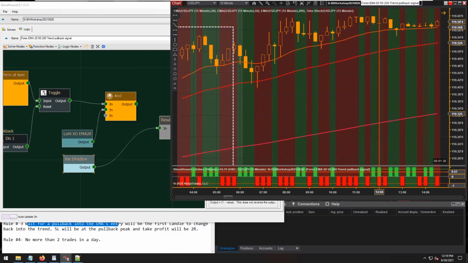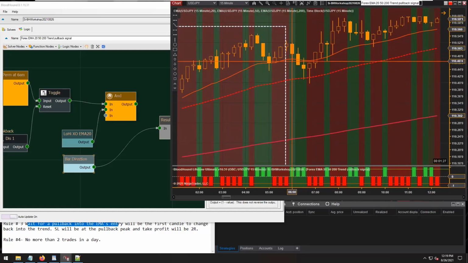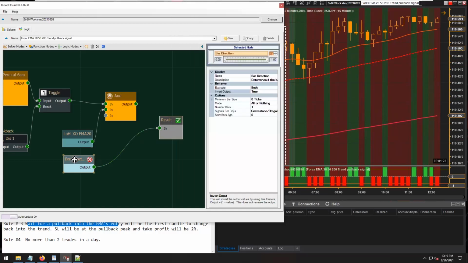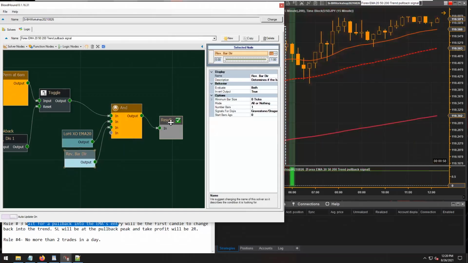So I guess the doji would be acceptable during the pullback there, as long as the low moves down low enough to cross that EMA 20. So yeah, I can take a bar direction and just invert it here. That should be fine. All right, so we'll just call this a reverse bar direction. I'll connect that in like so.